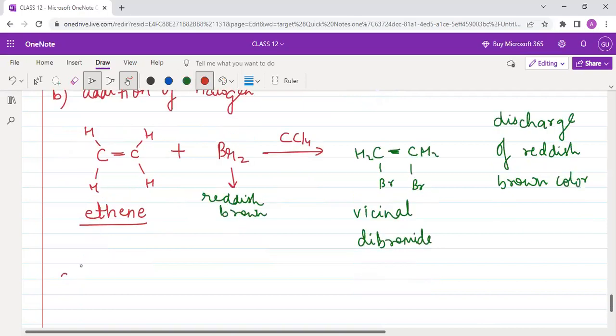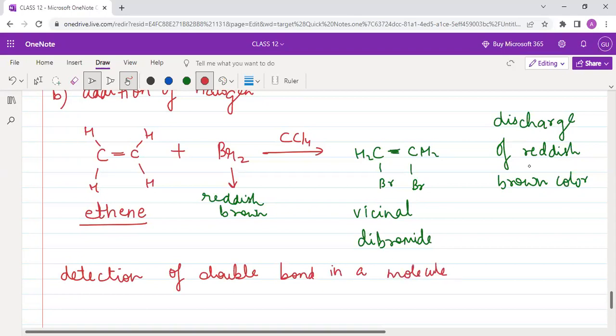If a double bond is present, it will react with bromine and form vicinal dibromide. This you have to remember.